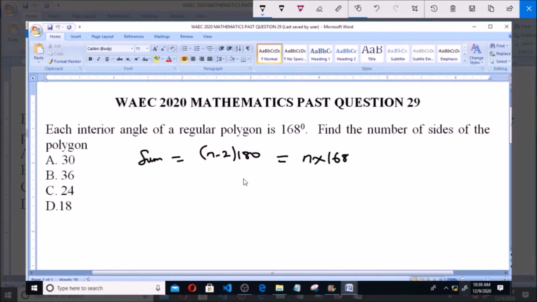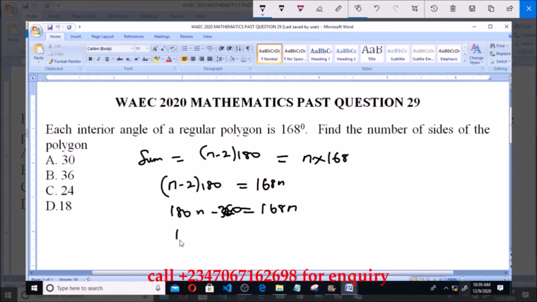So taking these two equations, we can now say n minus 2 times 180 is equal to 168n. From here we have 180n minus 360, because 180 times 2 will give us 360, is equal to 168n.